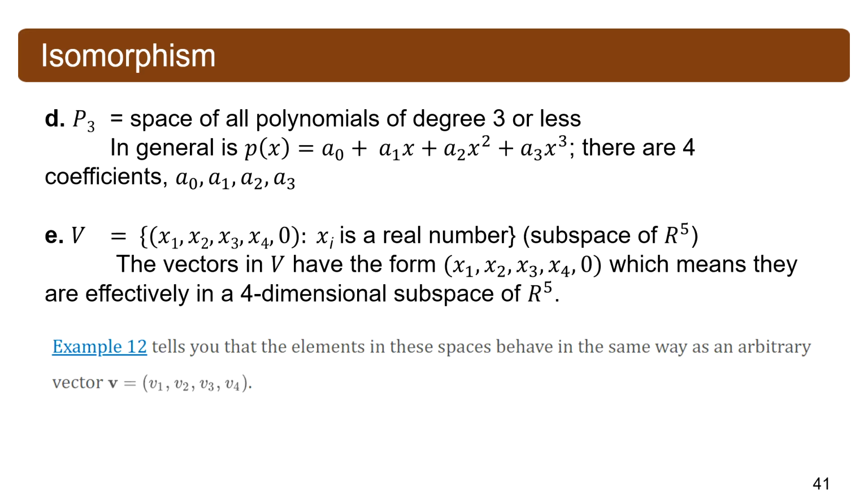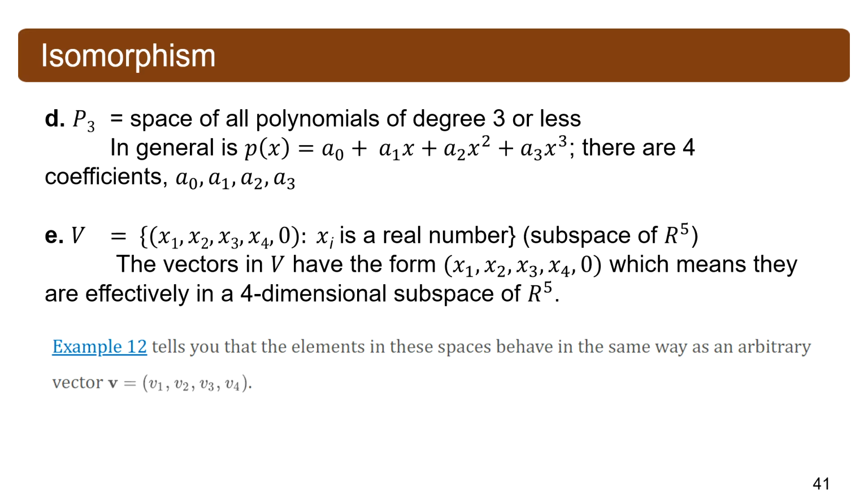And this one, the space of all polynomials of degree 3 or less, P sub 3. Remember, when you get the space, it is actually the coefficients. So a sub 0, a sub 1, a sub 2, and a sub 3. And then for this vector, x sub 1 to x sub 4, then the last element is 0, where x is any real number.